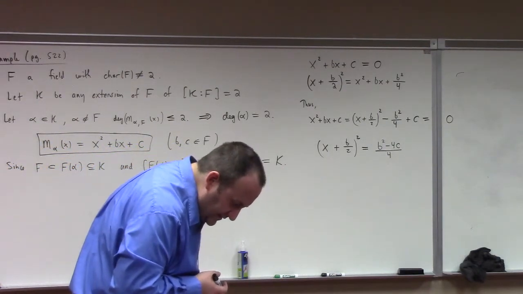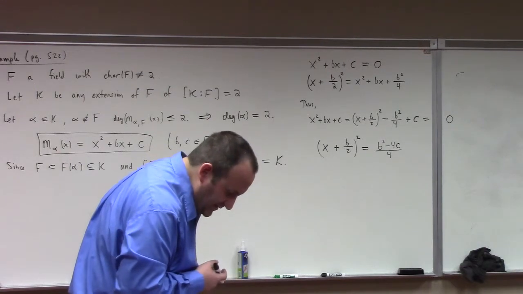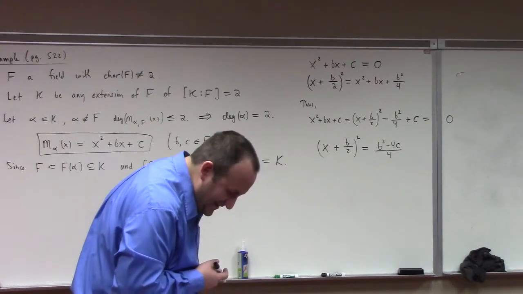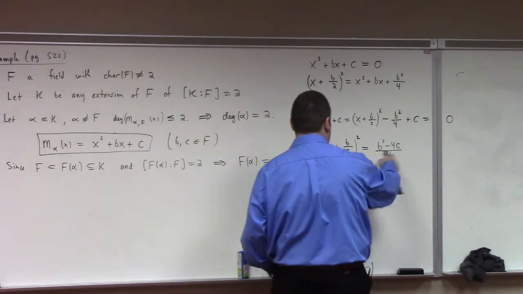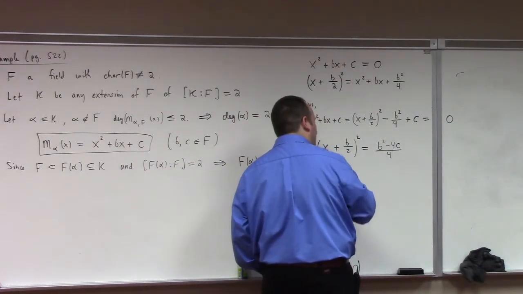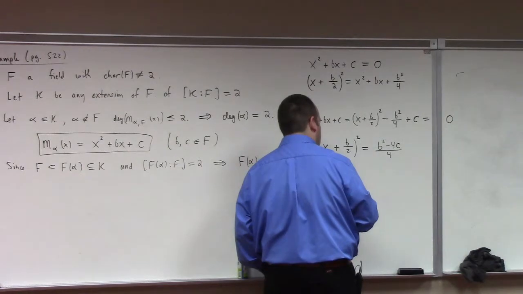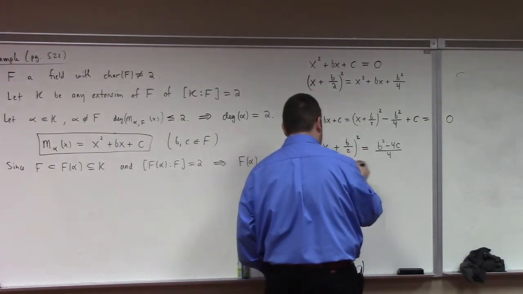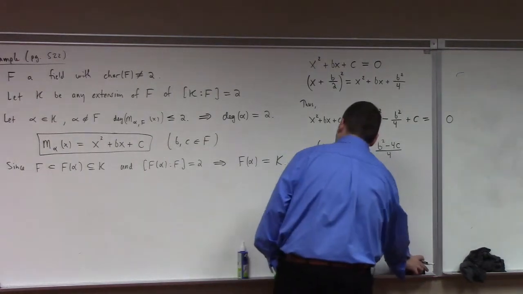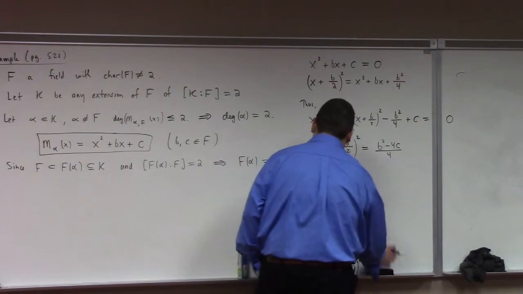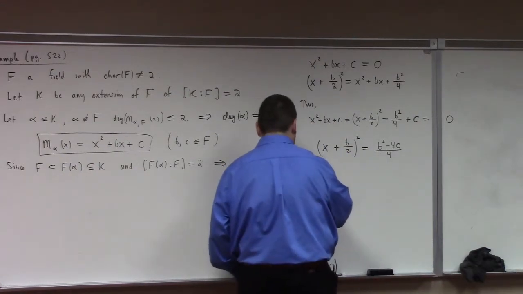Well, he says that the quadratic formula is valid over any field of characteristic not equal to 2. So let's see here. Then I think the idea is, I guess what I should say is by assumption, right?